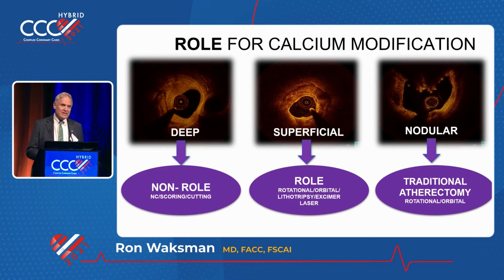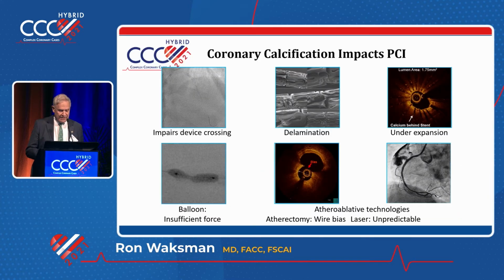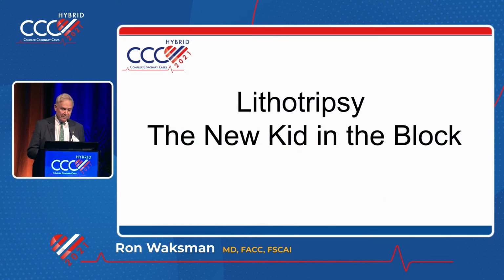And if it's a deep calcium, there's basically no role for atherectomy devices. You can basically use a non-compliant, scoring, or cutting balloon. And again, this is just an example of what you're seeing by imaging and what you can get with a balloon that you try to get with a non-compliant balloon in a calcified lesion that you cannot open.